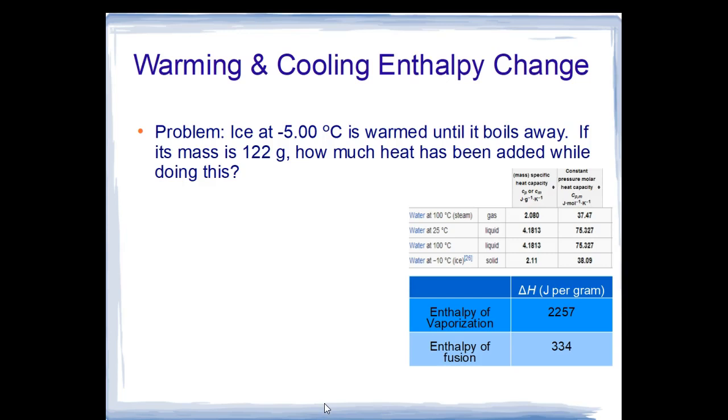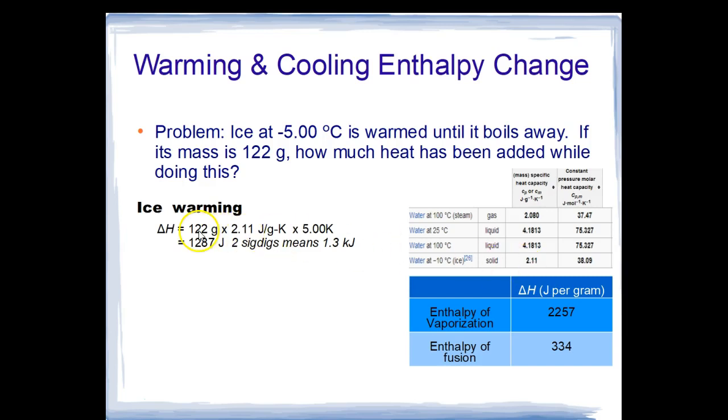So let's start off with this problem. If we warm ice, we are increasing the temperature, in this case by 5 degrees, from -5 to 0, and we will use the specific heat capacity of the solid water, that is the ice. You can see here it's 2.11 joules per gram Kelvin.